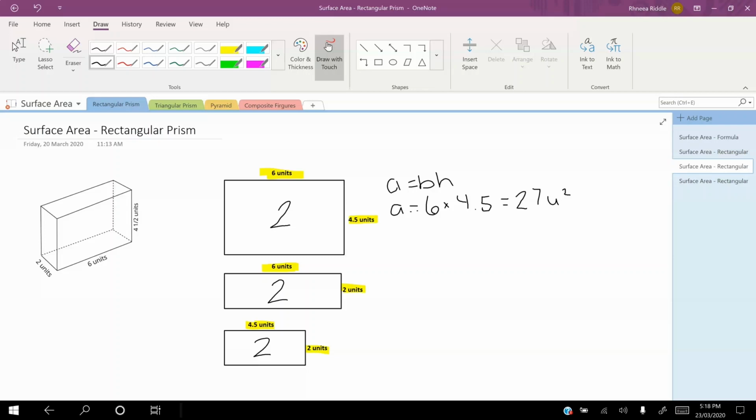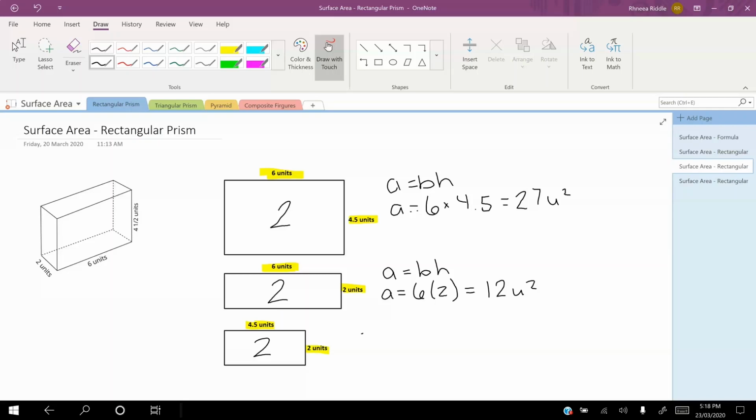So we're going to move on to the next one. This is also a rectangle. This is area equals base times height. Area is going to equal, we have 6 units and 2 units. So when we multiply those, we're going to get 12 units squared.